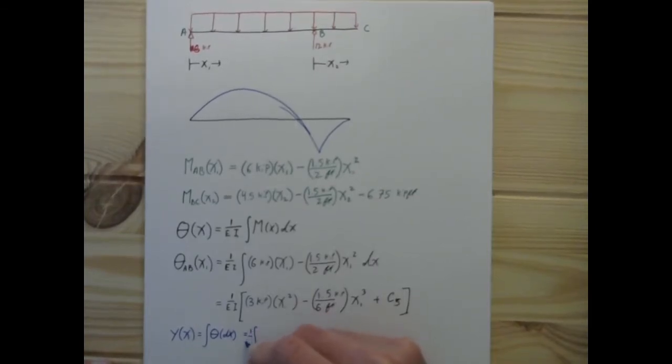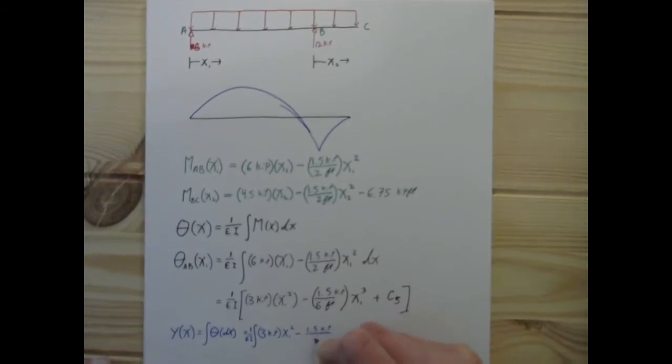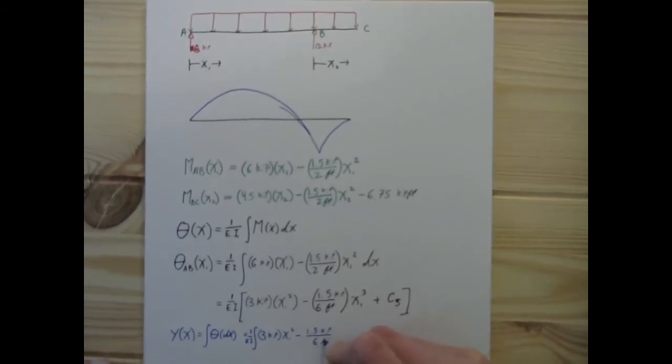So I'll pop EI out there: 3 kips x squared minus 1.5 kips over 6 feet x1 cubed plus C5 dx.